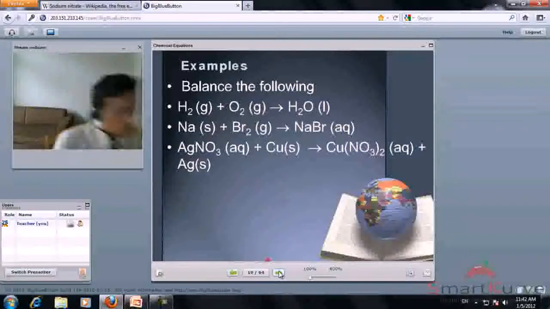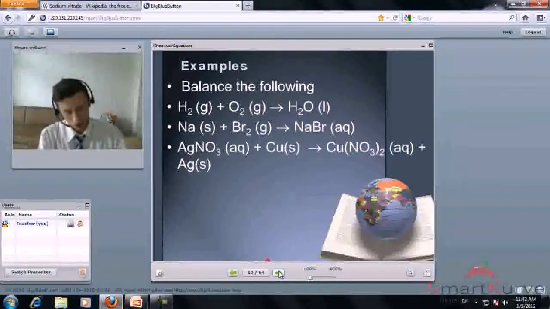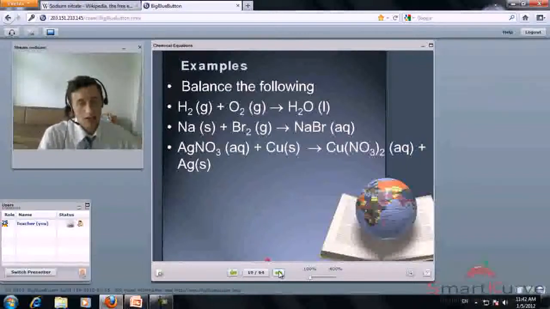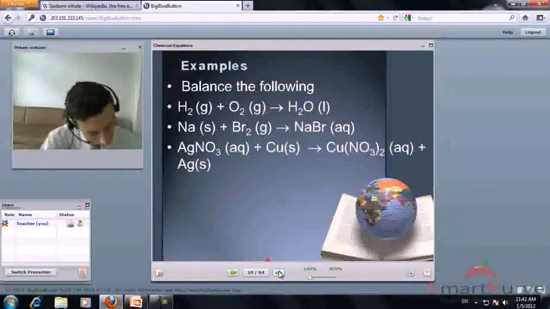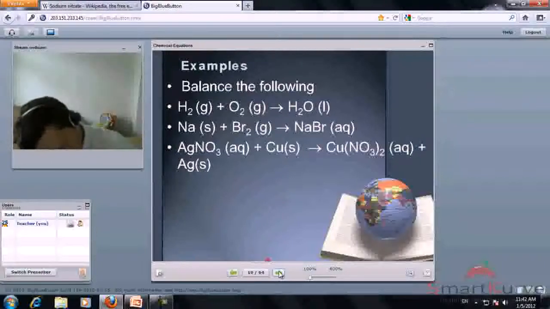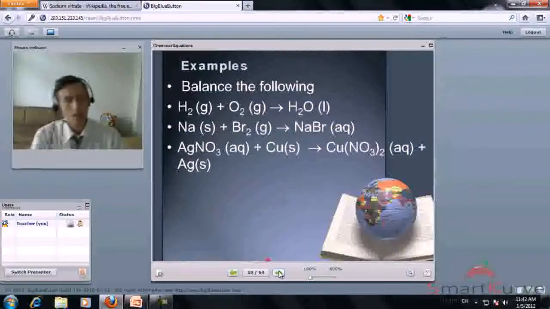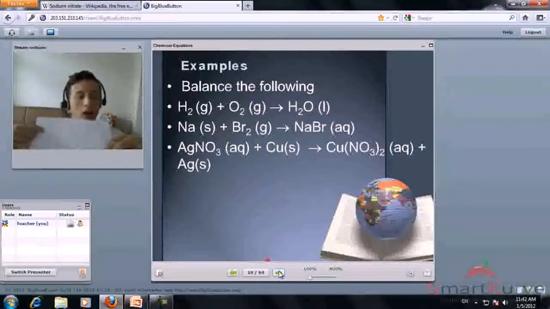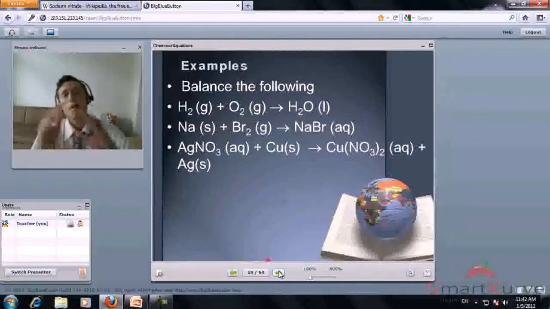I'm going to grab a scratch piece of paper. H2 plus O2 yields H2O. Now, the reason we have this subscript for hydrogen and oxygen is because both of these elements are diatomic in nature.